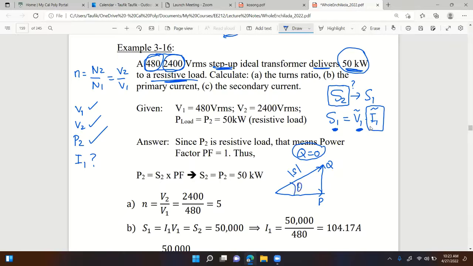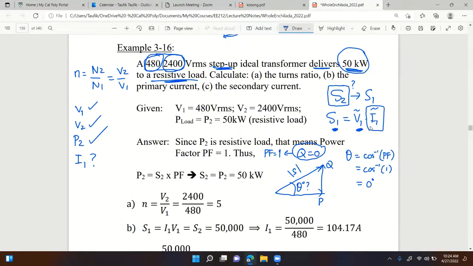And if Q is equal to 0, what is the power factor angle here? The power factor angle is arccosine of the power factor. And if Q is equal to 0, that means power factor is equal to 1. That means the angle would be 0 degrees, isn't it?